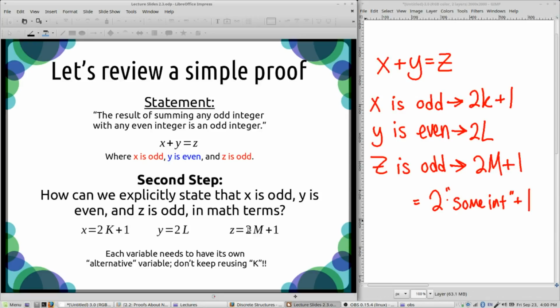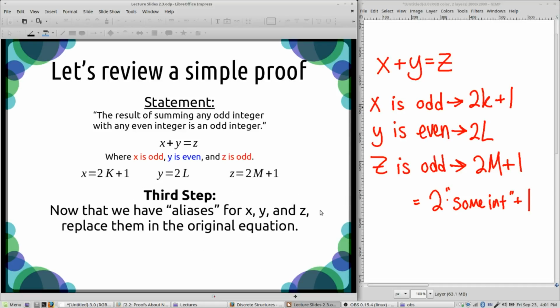So here I just used 2m plus 1. Again, we're not going to get m from doing k plus l or k times l, but k plus l and k times l are both integers, so we could use m as an alias for it's an integer, but so is k plus l, or whatever.